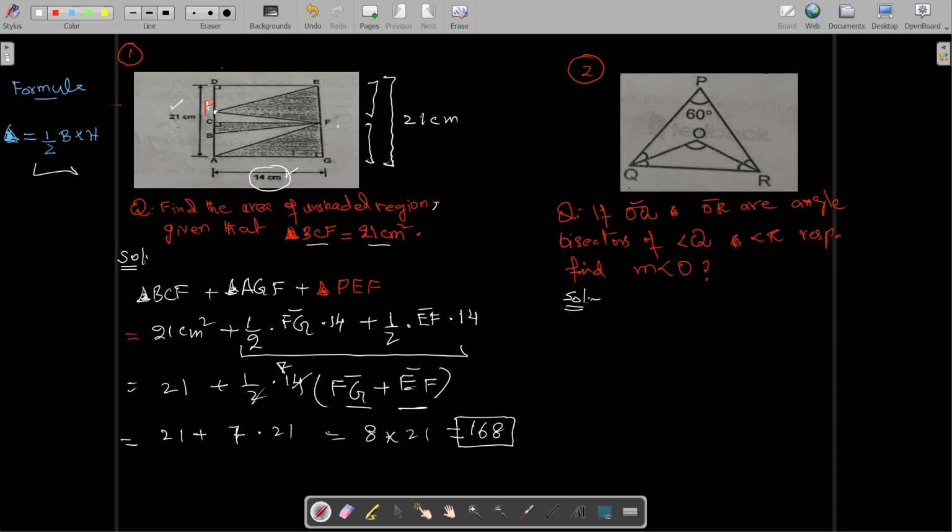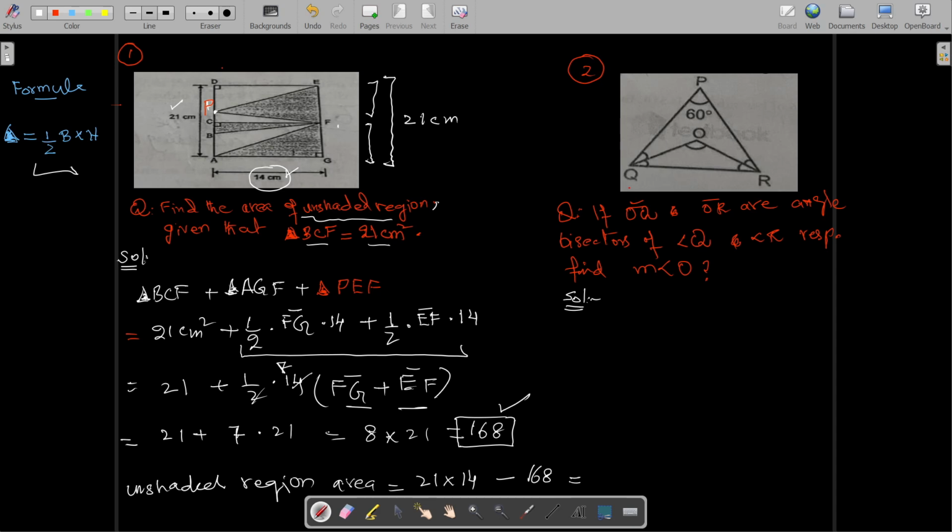Now, for the area of the unshaded region, we calculate the total area of the rectangle and subtract 168 from it. So the unshaded region area equals the total area of the rectangle, length times height, 21 times 14, minus 168.